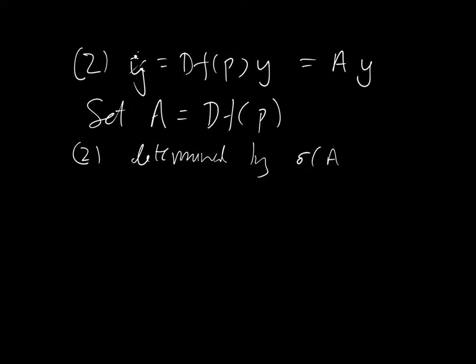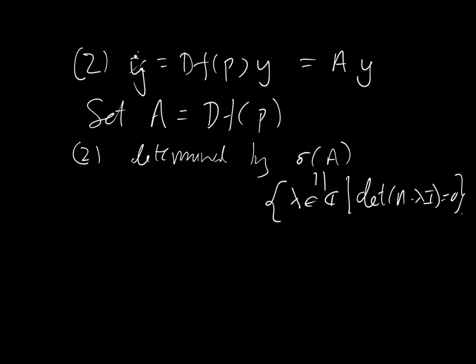So the spectrum of A consists of the set of eigenvalues of A. These are lambdas, which are complex numbers potentially, so that the determinant of A minus lambda I is equal to 0. Those are called the eigenvalues of A, and the collection is called the spectrum of A. This determinant equation, the characteristic equation, is an n-dimensional polynomial in lambda.